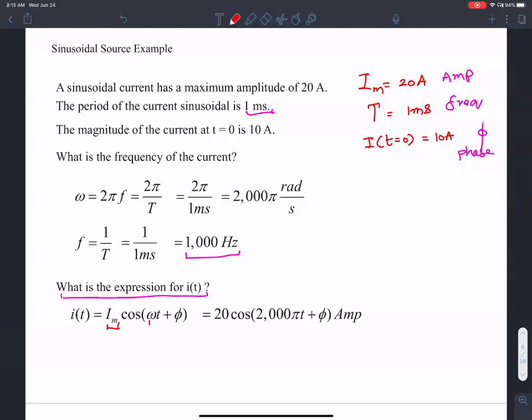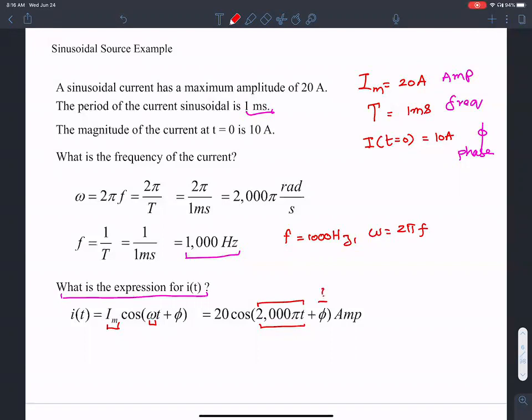I have the value of omega to be 2000 pi. When I have frequency 1000 hertz, my omega is 2 pi f, so 2 times pi times 1000, that's 2000 pi.